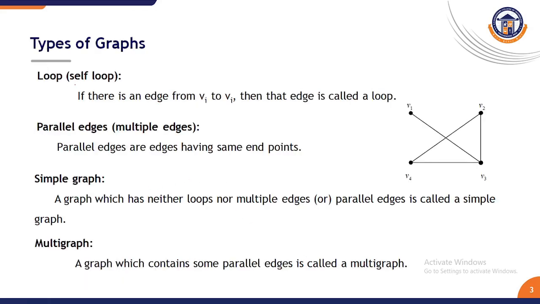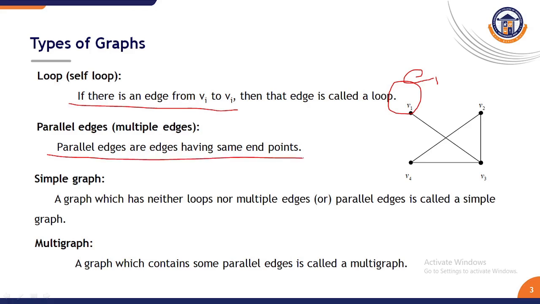Loop. If there is an edge from vertex Vi to Vi, then the corresponding edge is known as loop. That is, here this E1 edge is a loop. Parallel edges are edges having the same endpoints.